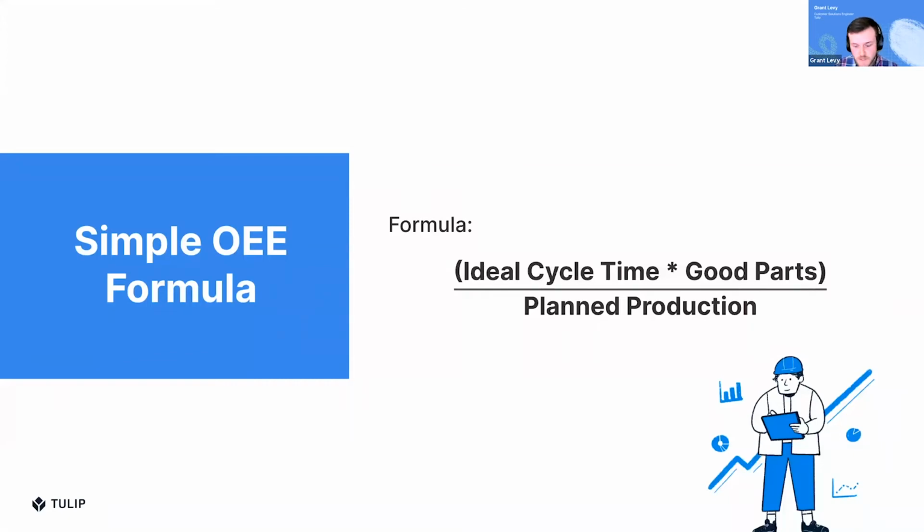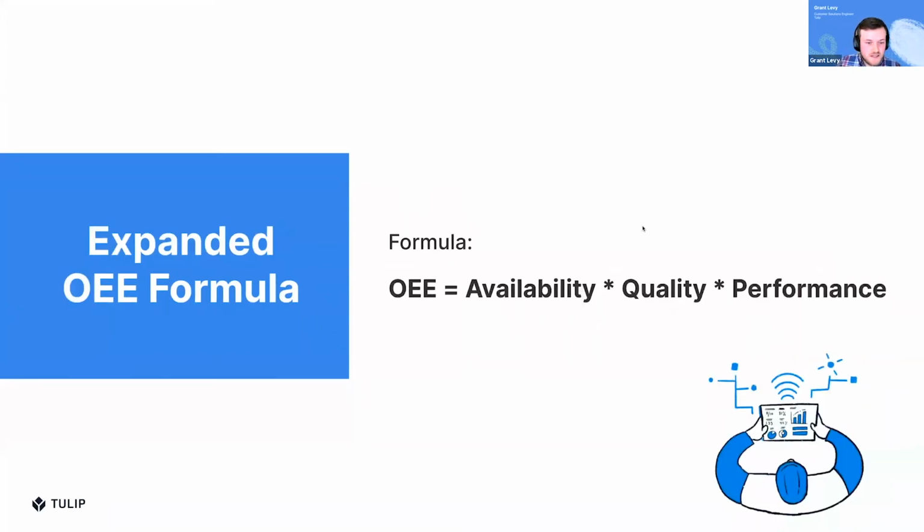We'll get into that later on in the webinar. Looking at the expanded OEE formula now, it looked like many of the folks on the call are aware of what OEE is, which I'm not surprised about. It's a term that comes in all shapes and sizes, but is recognizable throughout the industry. The expanded OEE formula takes an availability metric, multiplies it by a quality metric, and ultimately a performance metric.